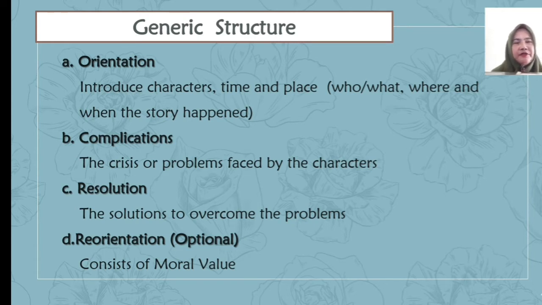Let me give you the example. In the first paragraph, it's called orientation. It tells the readers who the characters are, and then where the story happened, and the last is when the story happened.